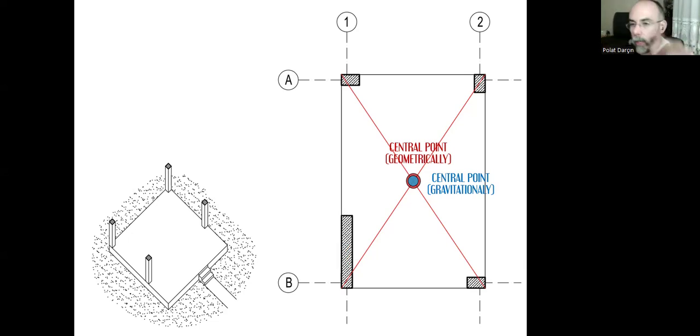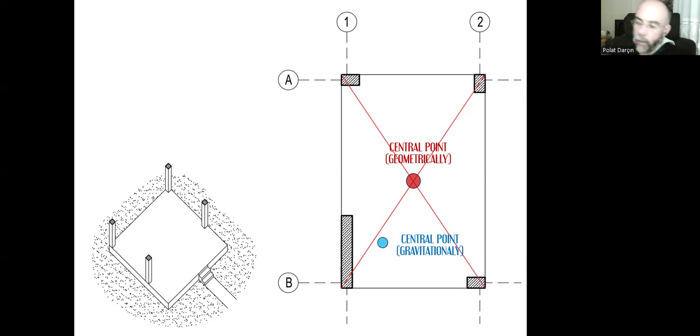But let's imagine that instead of a normal column, we create this shear wall. Because of the size and the material, this corner of the building becomes heavier than the rest of the building. That means we still have the same geometrical central point, but the gravitational point, the weight distribution, has been moved. Now it's here.